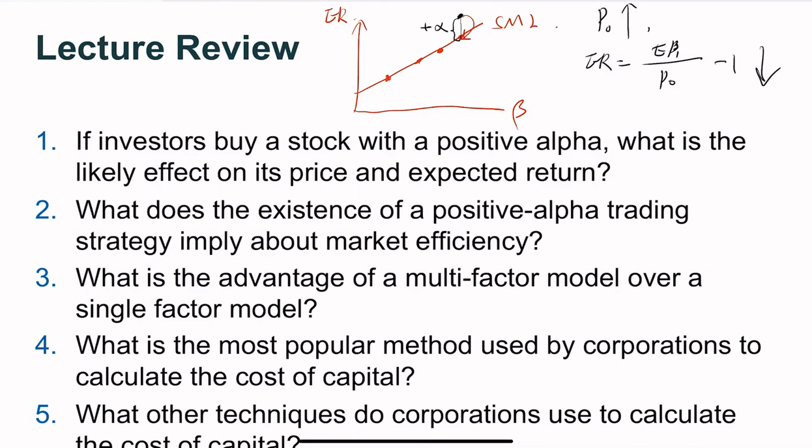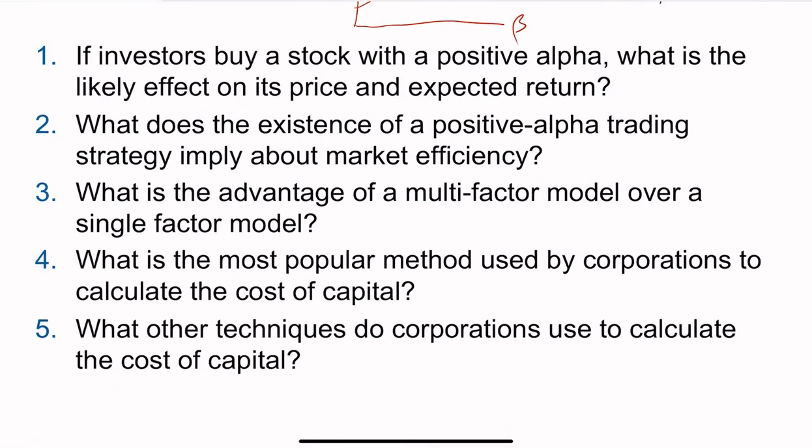So this implies that the market portfolio is not efficient. What is the advantage of a multiple factor model over a single factor model? When you're using a single factor model, because you just have one factor, you would fail to capture all risks, right? So if you're using a multiple factor model, then you have more factors to capture additional risks which are not captured by a single factor model. So that's the benefit of using a multiple factor model.